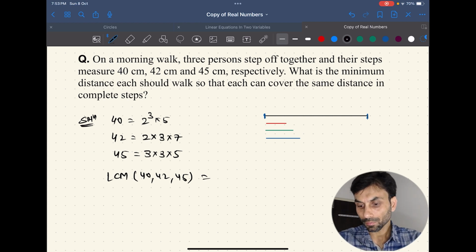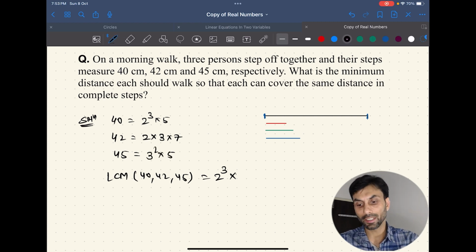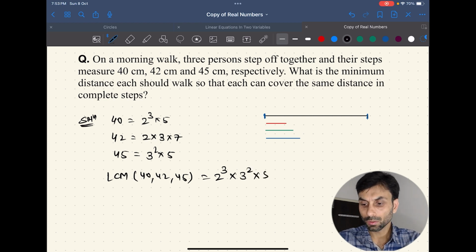So here the prime factor is 2, whose highest power is 3, into 3, whose highest power is 2, so this is 3 square, into 5 where the power is 1, and into 7. So now if you multiply, this is 8 into 9 into 5 into 7.